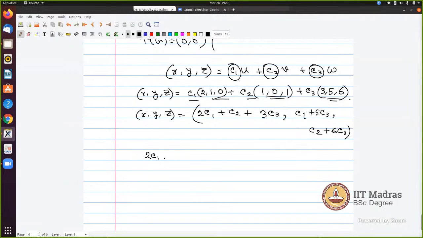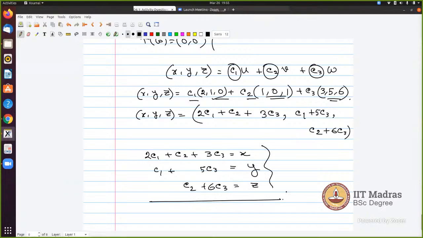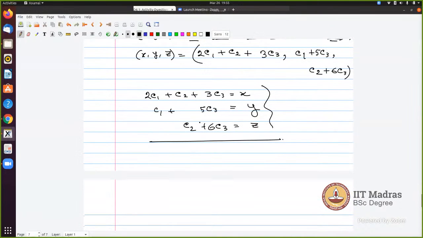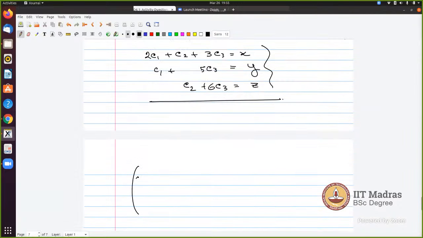So if we just do it, this is X, C1 plus 5C3, this is Y, C2 plus 6C3, this is Z, correct? Okay, now can you solve it? What are C1, C2 and C3? Yes. So let's solve it.